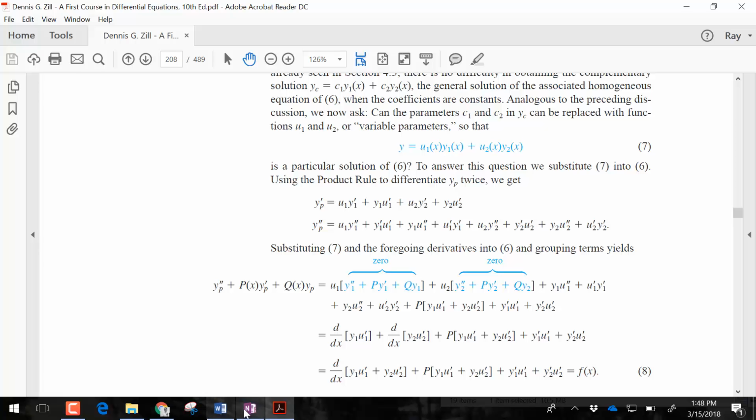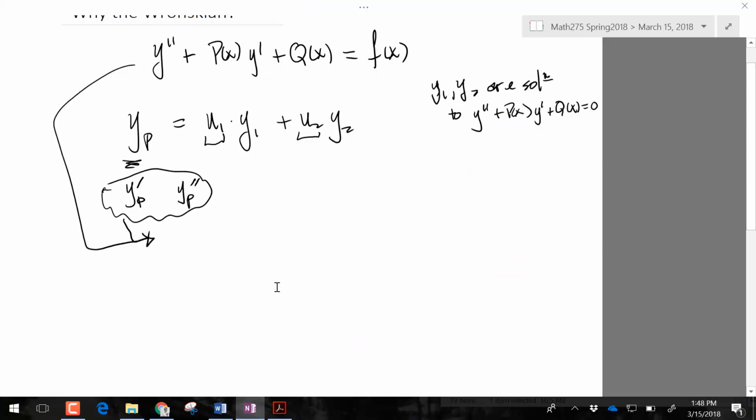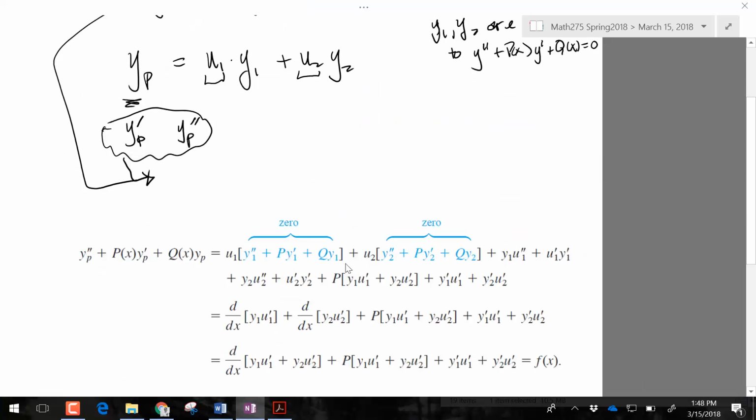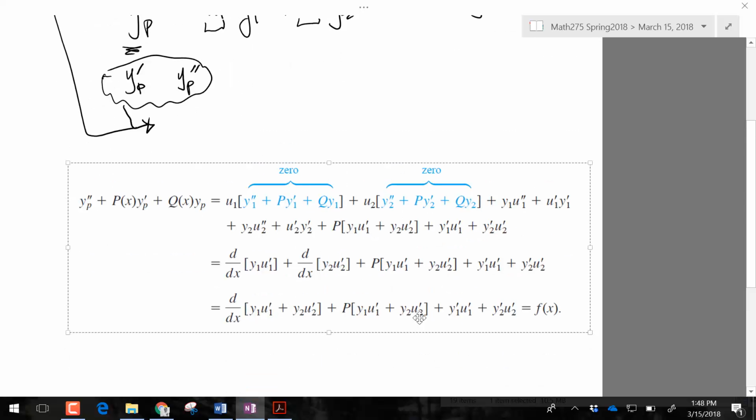This big mess. So finding the derivatives of y sub p will give us these linear combinations of functions, linear combinations with the coefficients u1 and u2.